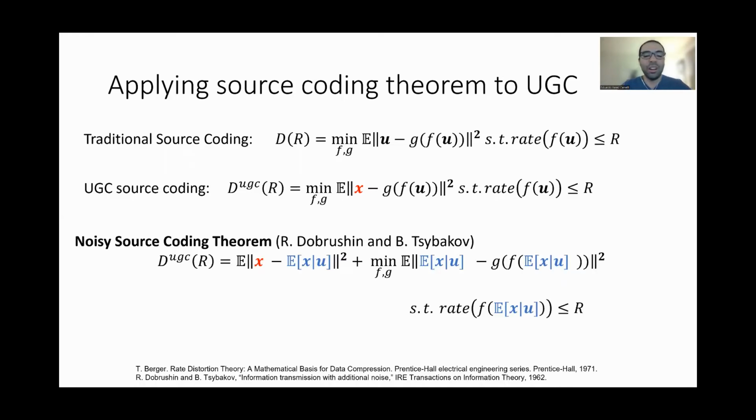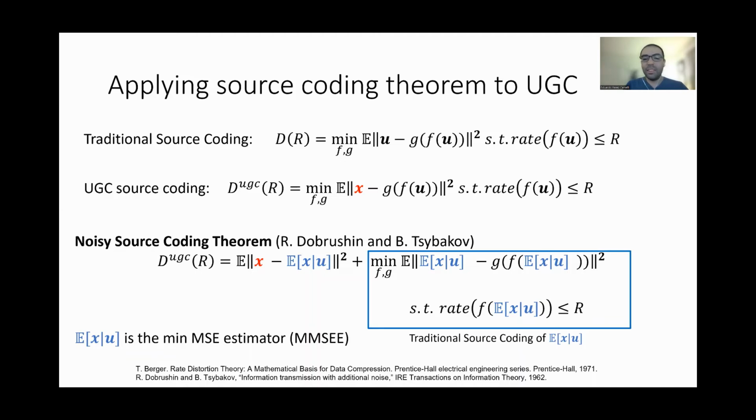And if we invoke a classic result from information theory called the noisy source coding theorem, we have that the optimal distortion function can be decomposed as two terms. The first term is a constant plus an optimal rate distortion function that encodes the conditional expectation of X given U. This conditional expectation is actually the minimum mean square error estimator of X given U. And this second term here is a traditional source coding, but that encodes this denoised signal.